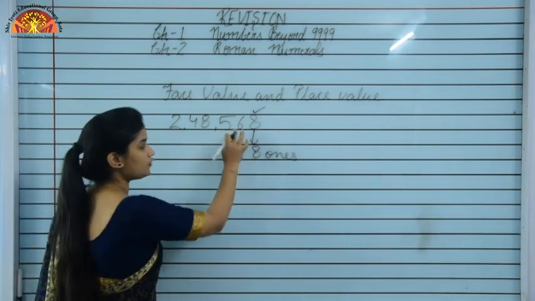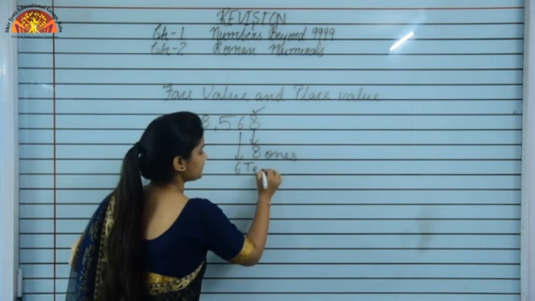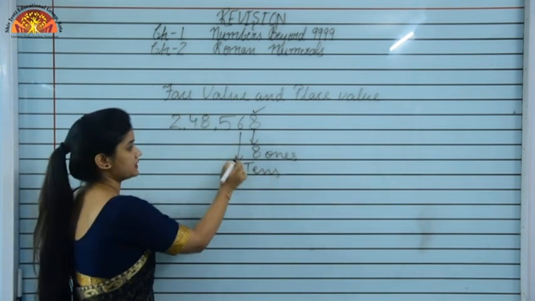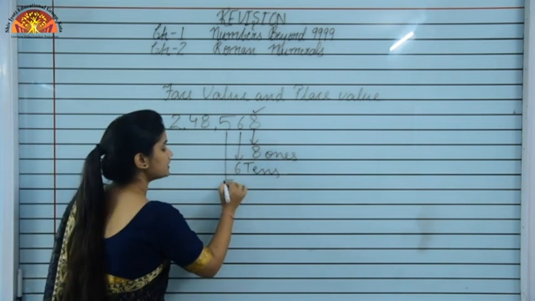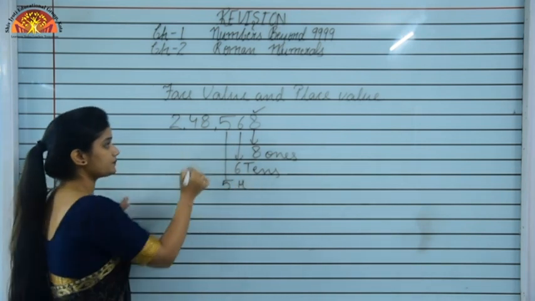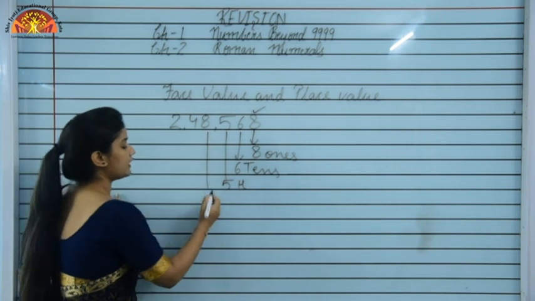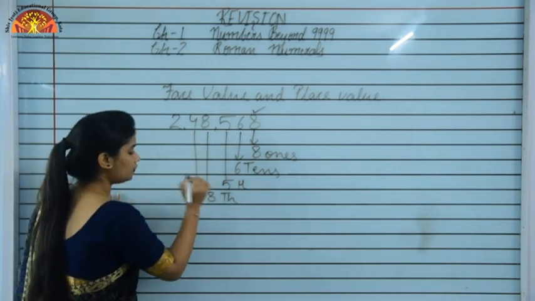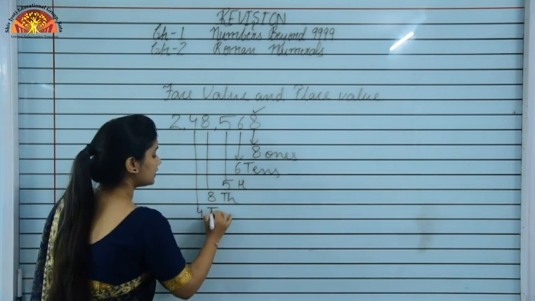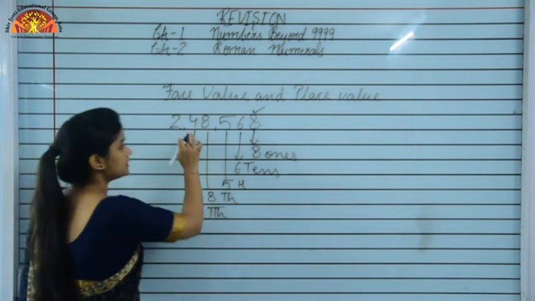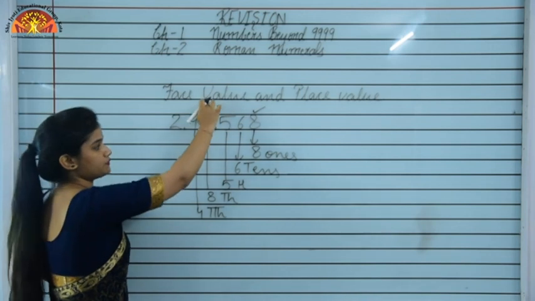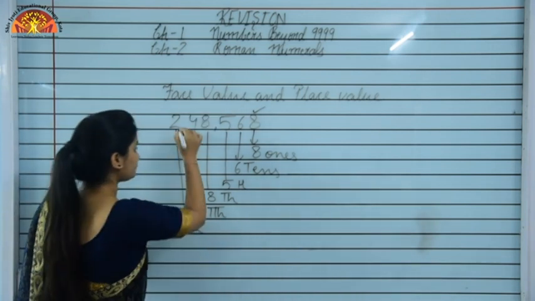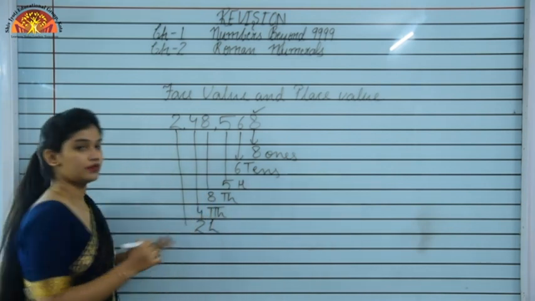The place value of 6 is 6 tens, because this digit is coming at tens place. The place value of 5 is 5 hundreds. The place value of 8 is 8 thousands and the place value of 4 is 4 ten-thousands, because this 4 is coming at ten-thousands place, and the place value of 2 is 2 lakhs.